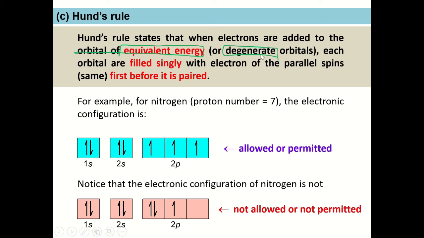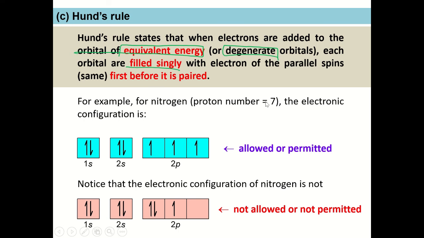Degenerate orbital, this is the term. So what is meant by degenerate orbital? Degenerate orbitals mean orbitals of equivalent energy, the same energy. So each orbital is filled singly, one by one, with electrons of parallel spin first before pairing.